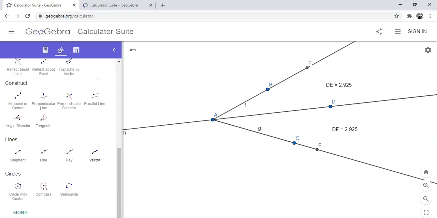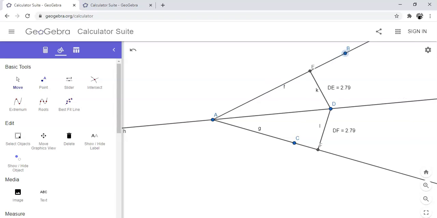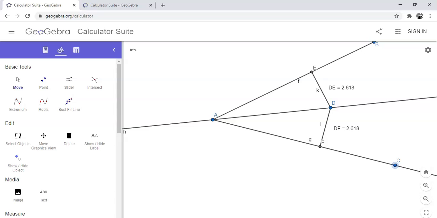And then I'm going to draw in segments here instead. And what this does is it gives us a better idea that we're just looking at two different triangles, right? We're looking at triangle AED, and I might just get rid of B, throw it up there, and we're looking at triangle ADF, right?